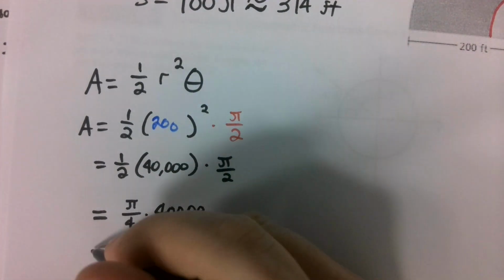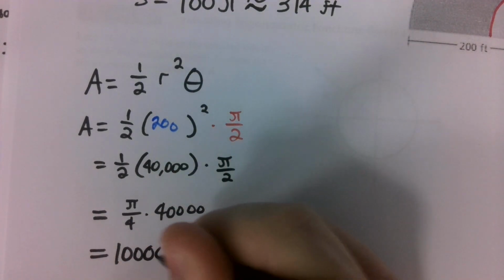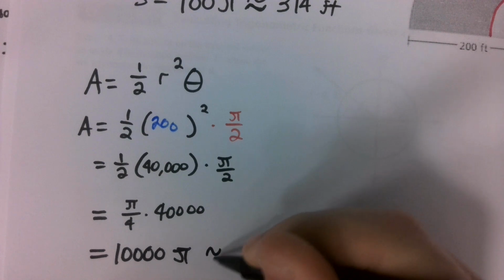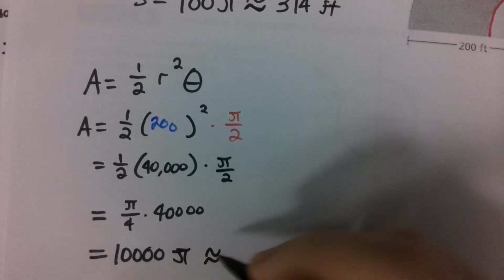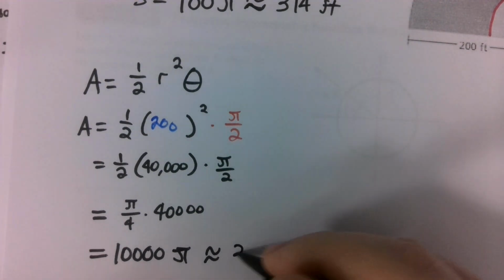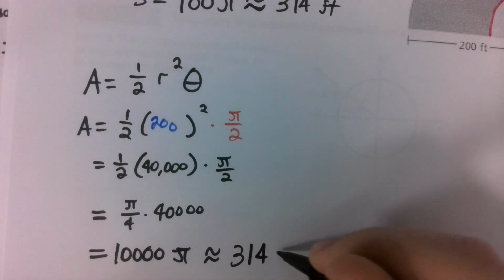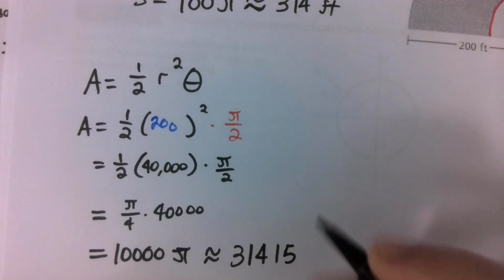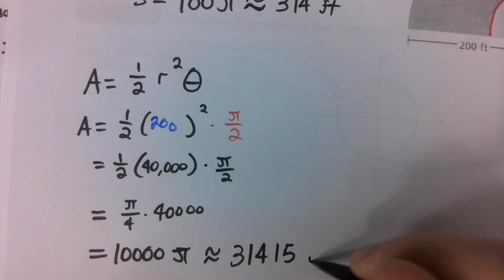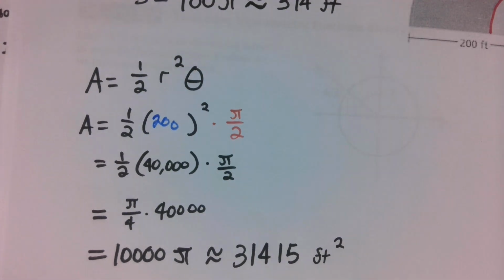And pi over 4 times 40,000 is 10,000 pi. Which means the area of the field is about 31,415 square feet. And we are done.